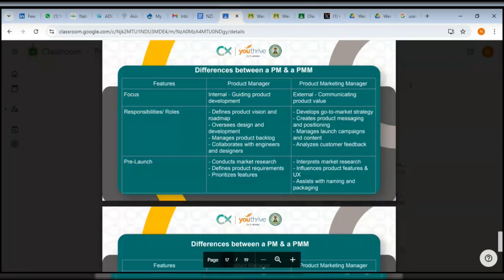For a PMM, they develop go-to-market strategy, they create messaging and positioning, and they manage launch and campaigns and contests. And then they analyze customer feedback, and this analysis will let them know which of the marketing efforts is having the most successful results or the least successful results, so that they can either be discontinued or enhanced on.